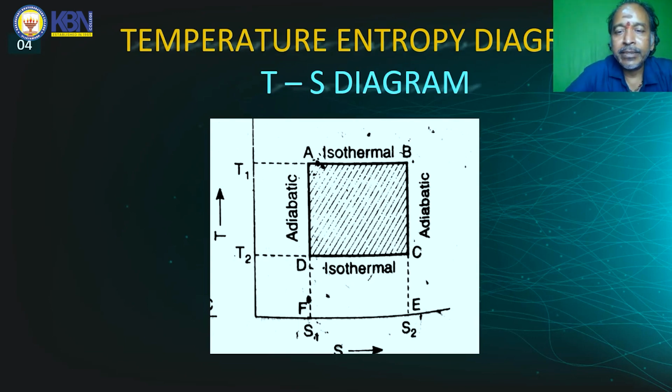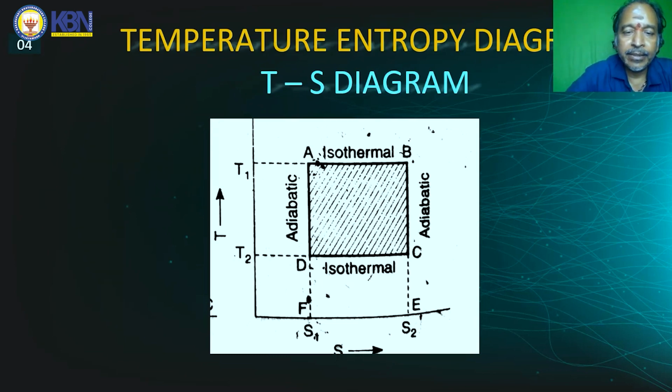BC is the adiabatic expansion, the working substance is placed on the insulating stand, so there is no chance to exchange heat, so entropy remains constant at S2. It is an expansion, so work is done by the system, and the temperature decreases from T1 to T2, so we get the vertical line BC.